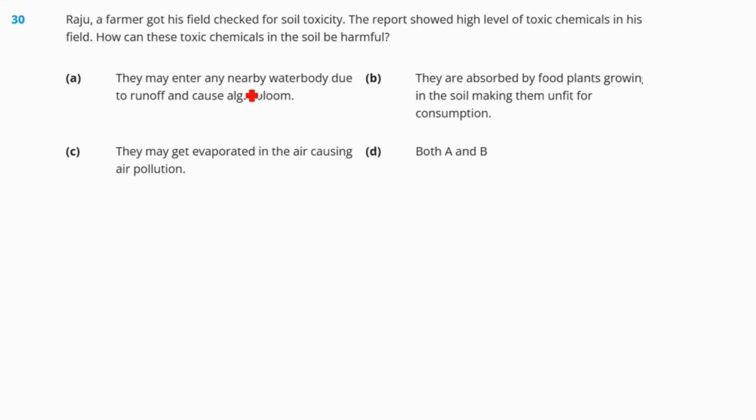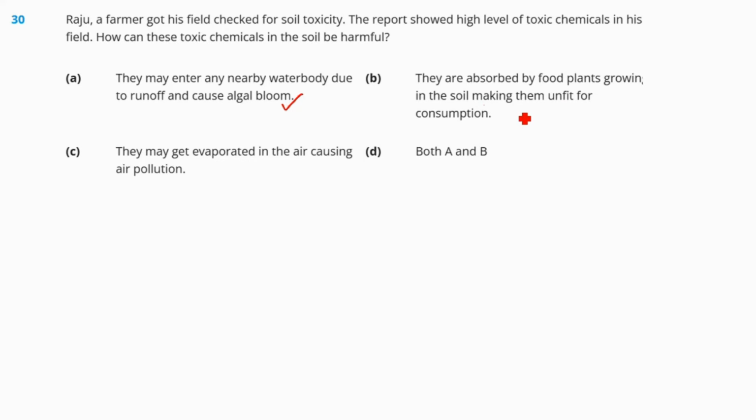They may enter any nearby water bodies due to runoff and cause algal bloom. Yes, because these are the toxic materials and these can go to any water bodies and can create the algal bloom. This is correct.